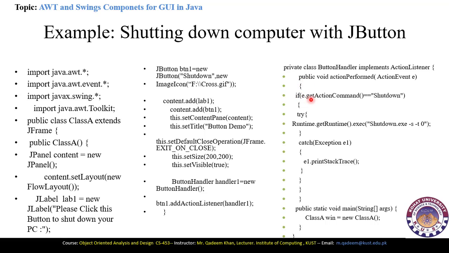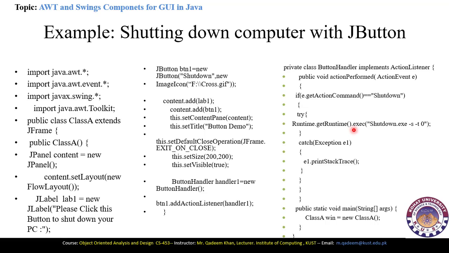Now if e.getActionCommand() equals "Shutdown", that means that if the label of this button is Shutdown, then a try-catch statement is used here, because if a runtime exception occurs, the try-catch statement will resolve that exception. So Runtime.getRuntime().exec("shutdown.exe -s -t 0").